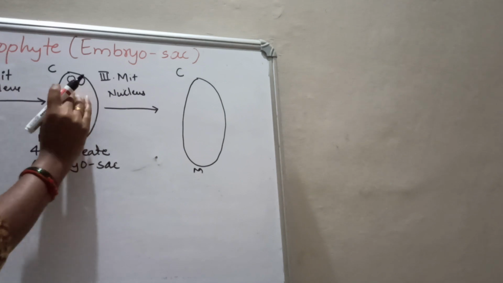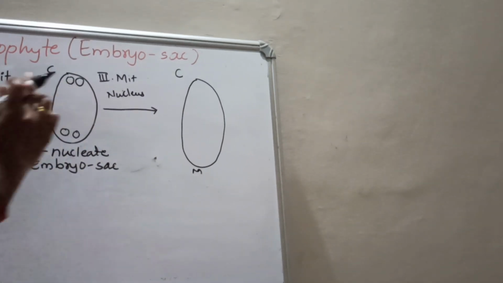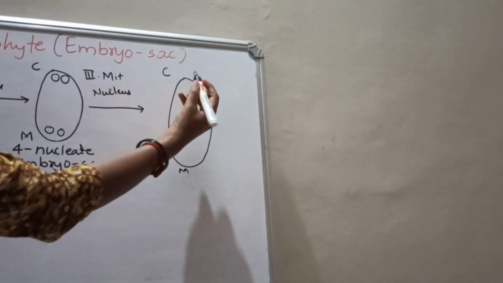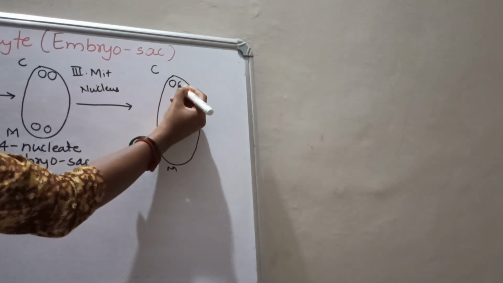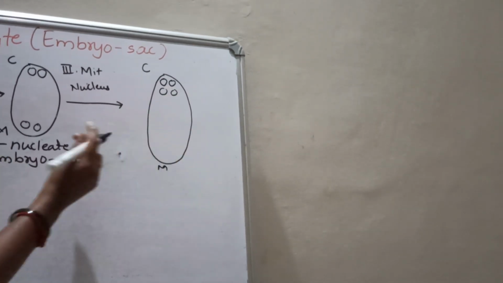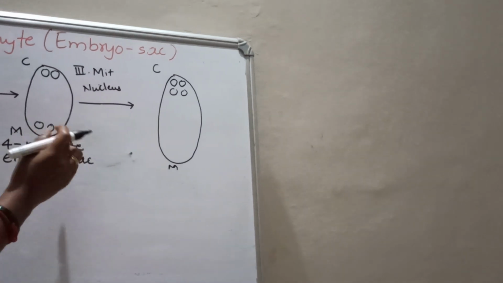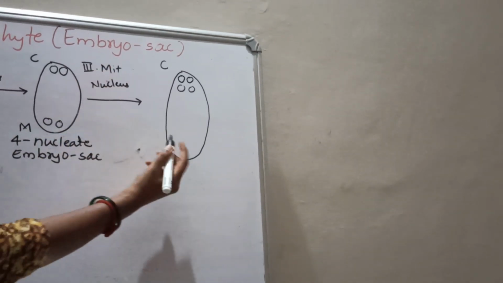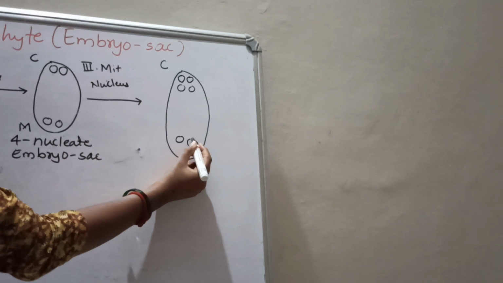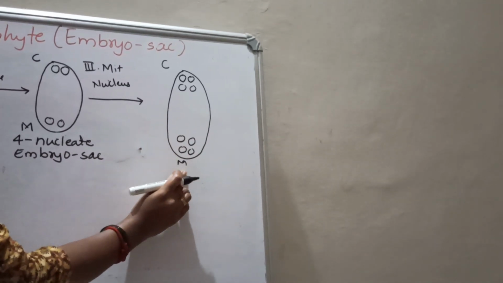The two nuclei present at the chalazal region divide mitotically and become 4 nuclei, and the 2 nuclei present at the micropylar region divide mitotically and become 4 nuclei. Totally the cell has 8 nuclei.